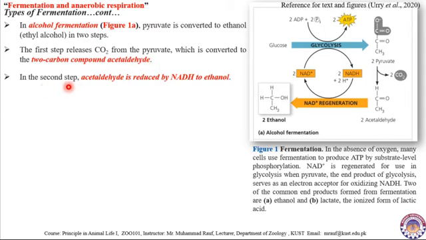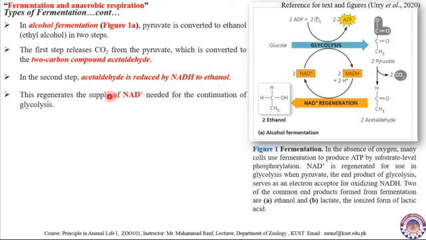In the second step, acetaldehyde is reduced by NADH to ethanol. So then acetaldehyde accepts the 2 electrons from NADH. NADH is converted to NAD and it can go back and participate in glycolysis, and the end product is ethanol. This regenerates the supply of NAD needed for the continuation of glycolysis.